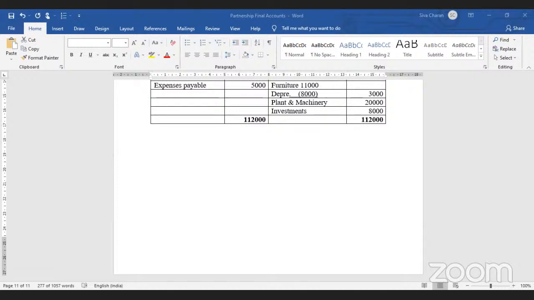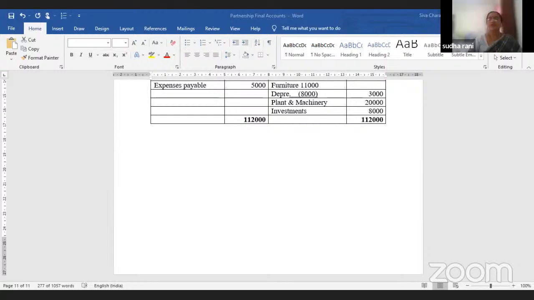I hope you all understood the topic. Does anyone still have doubts? Do practice. You will get these kinds of sums only in the exam, mostly.